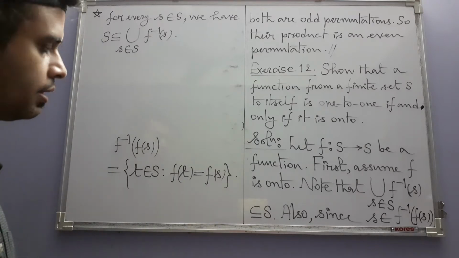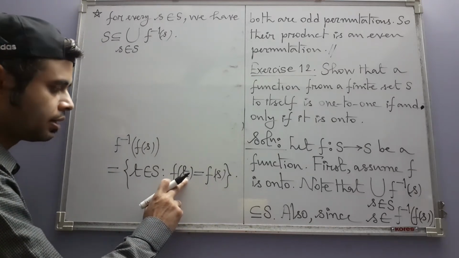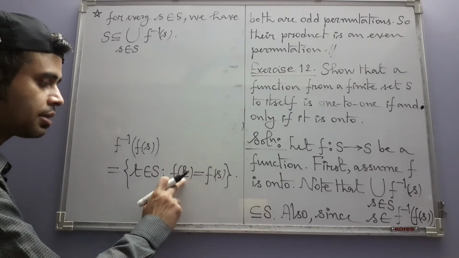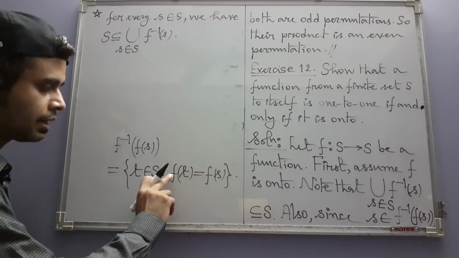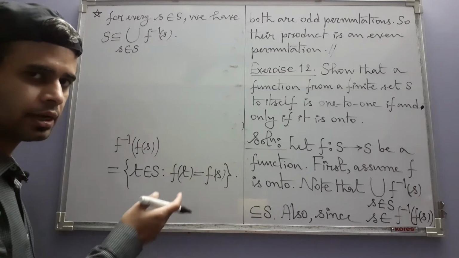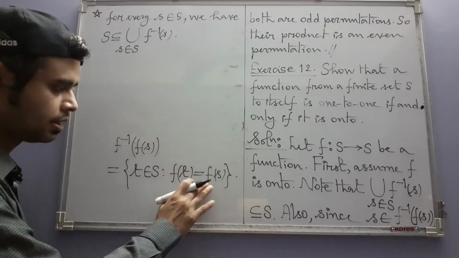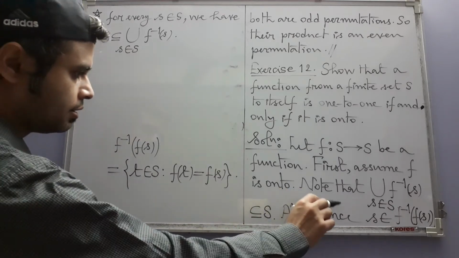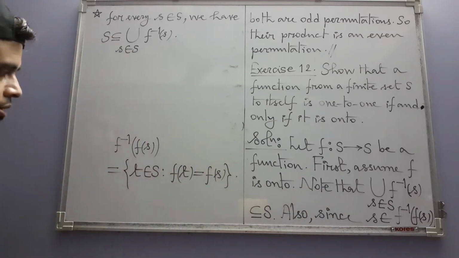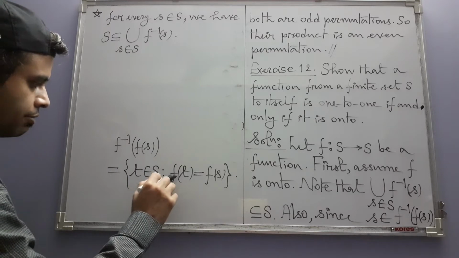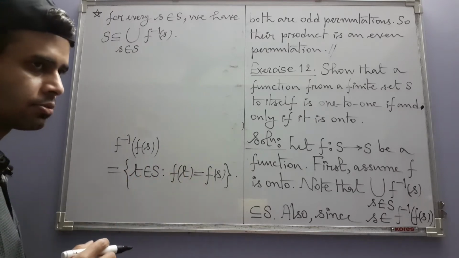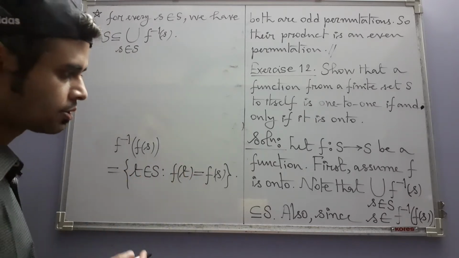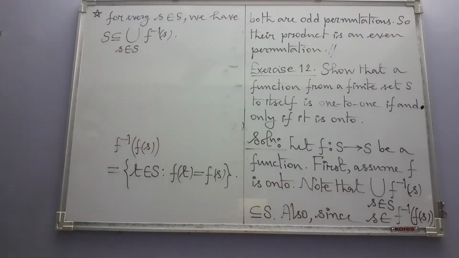That may not be the case, but elements other than s can also have the same image as s has under F. And what we are saying is s belongs to this. For that to happen, f of s must be equal to f of s, which is trivially true. So that's why s belongs to this.